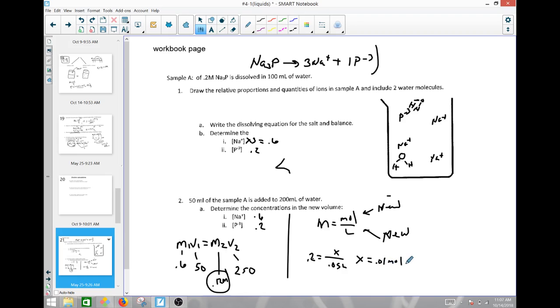Alright, 0.01 moles, and then I'm going to divide that by the new volume, which is 0.250 liters. Alright, so we got 0.01 divided by 0.250, and we get 0.04.